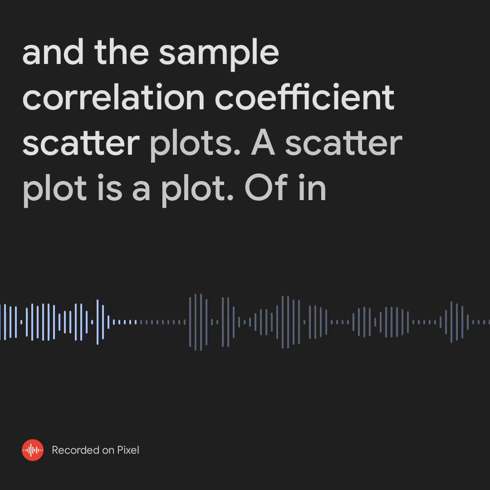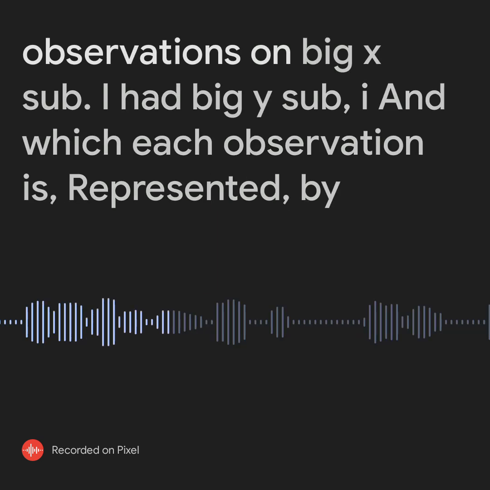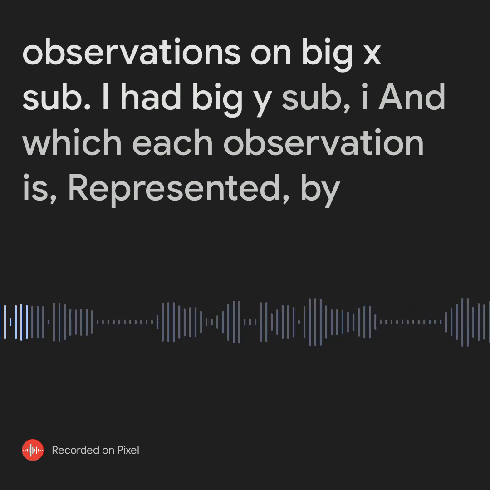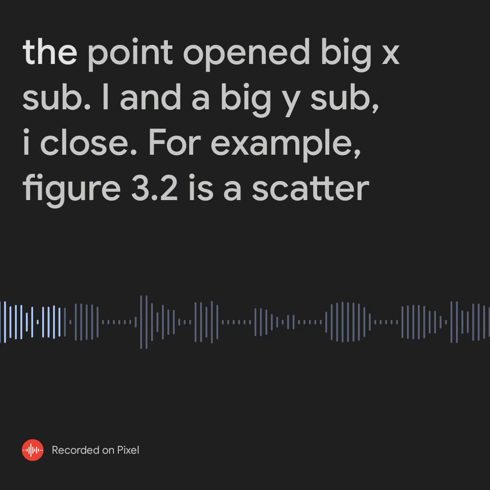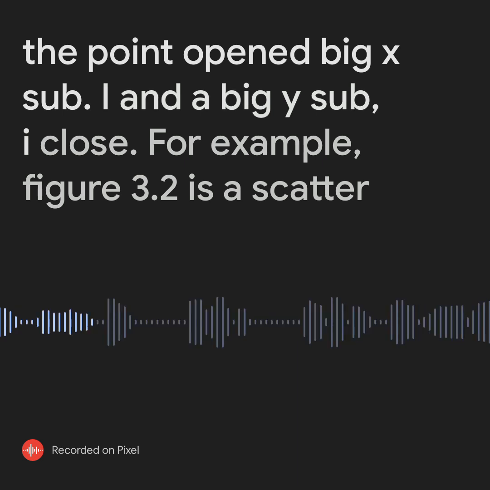correlation coefficient. Scatter plots. A scatter plot is a plot of n observations on X_i and Y_i, in which each observation is represented by the point (X_i, Y_i).